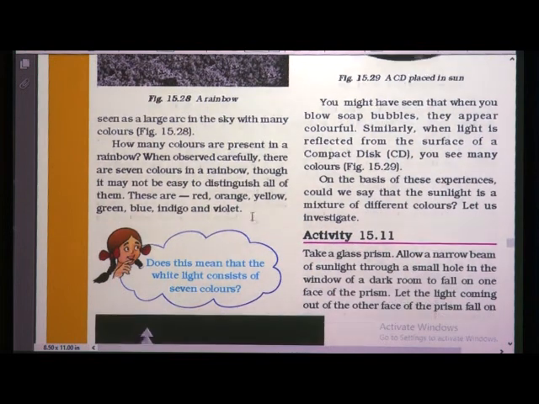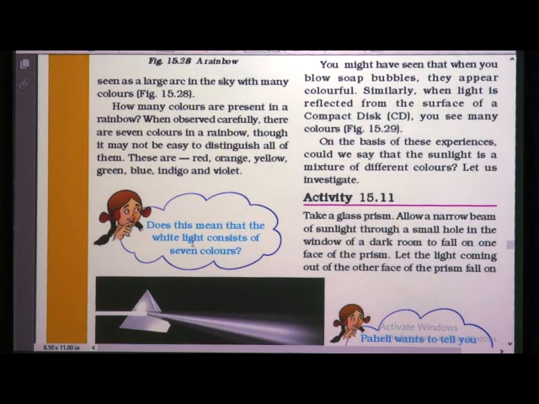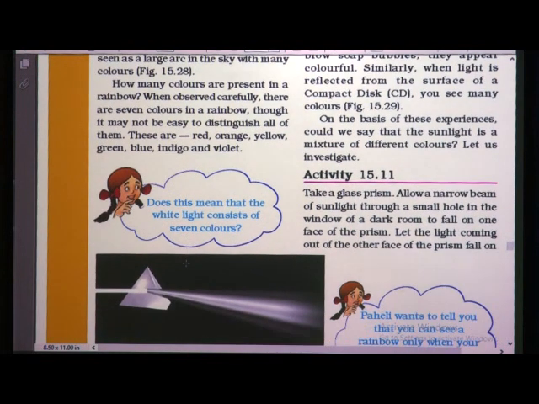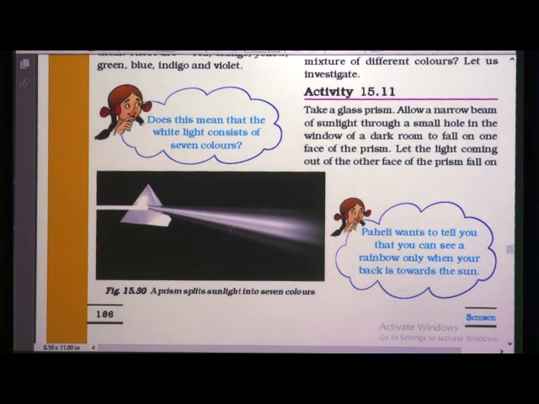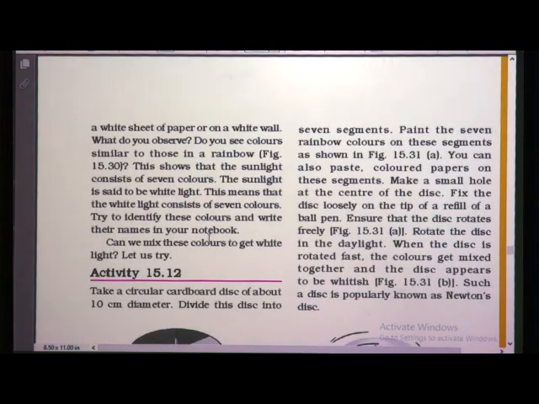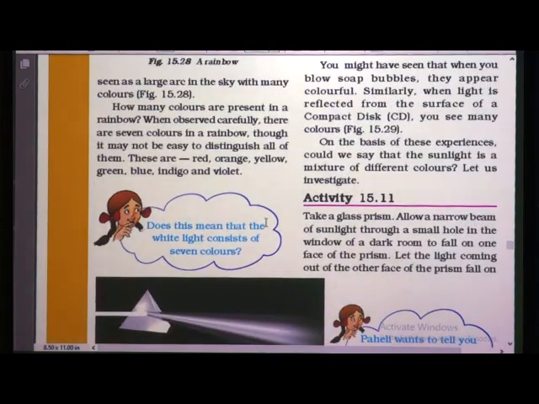Here an activity is given: does it mean that white light consists of 7 colors? A light beam is focused on this prism, and you will see different colors of light rays emerging from this prism. You can do this activity, but you don't have a prism at home, so when you come to school we will do this activity.